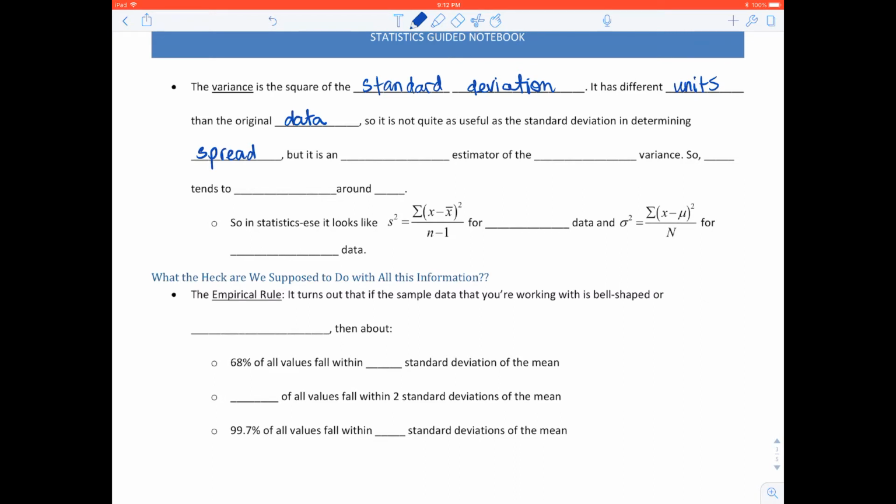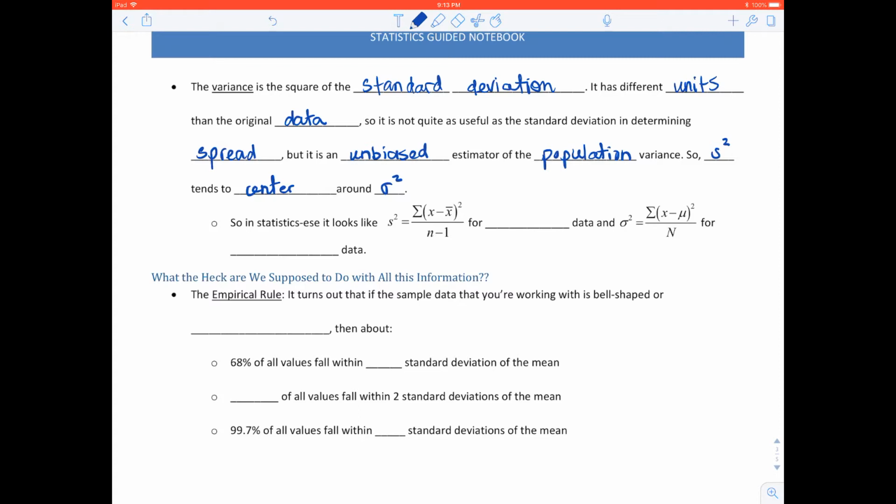But one groovy thing is that it is an unbiased estimator of the population variance, which is cool. So S squared tends to center around sigma squared. So you don't underestimate sigma squared too much when you use S squared.